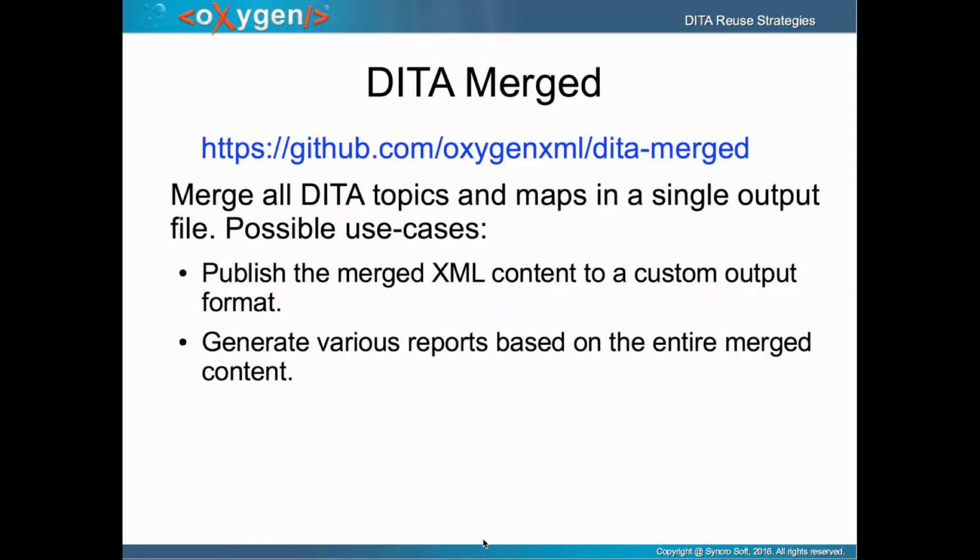Maybe you want to apply a spell checker on the entire content, or maybe apply an XSLT style sheet and obtain some kind of quality checks. See if all short descriptions are lower than 100 characters and so on. So sometimes having this merged output may help you get a better idea about how your entire content looks when it's merged in one file.